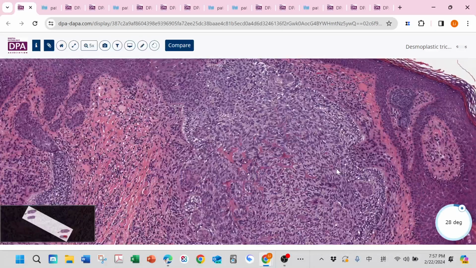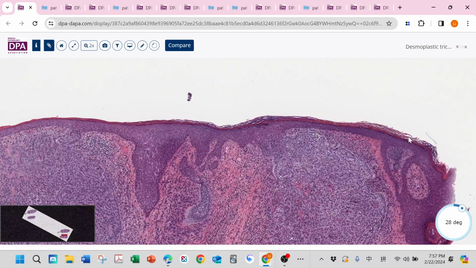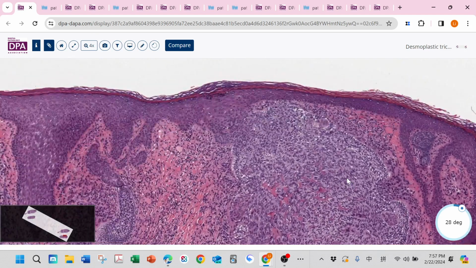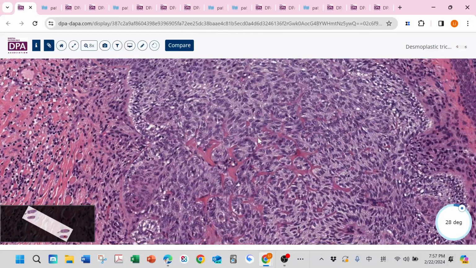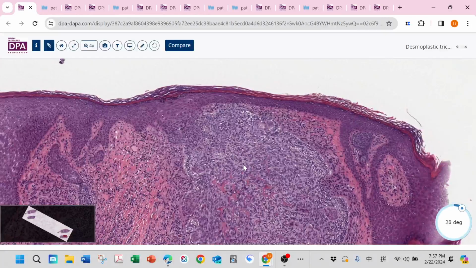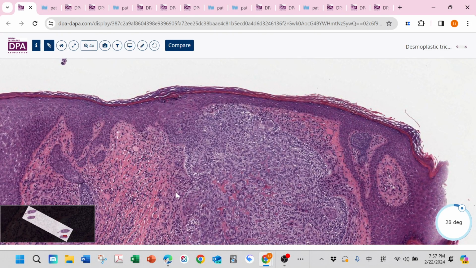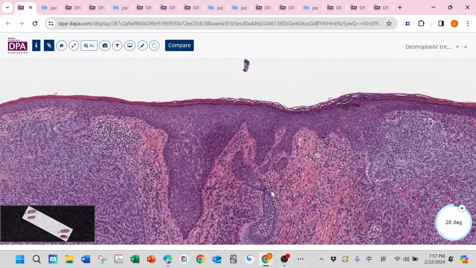So if you just get a superficial shave, just like this, you may also think, could it be the top of a well differentiated squamous cell carcinoma, because the cells look a little bit different. So anytime you see a superficial shave, you need to think about that: could it be desmoplastic trichilemmoma, not just call it squamous cell carcinoma strictly?